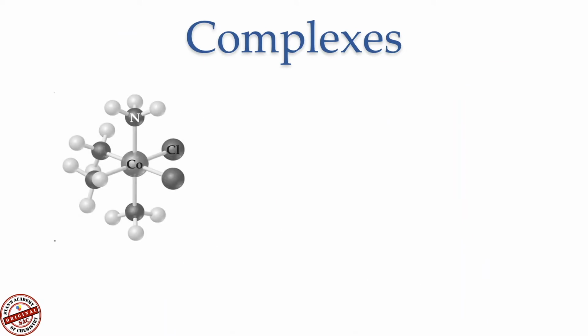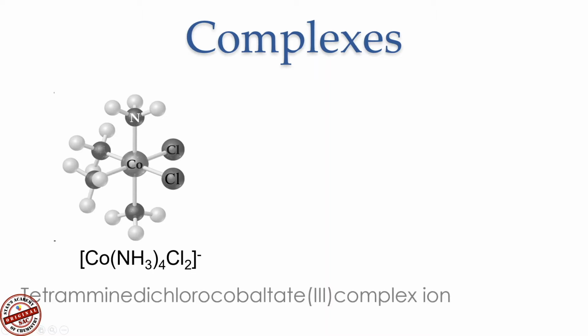Now, if you look at a complex, here is an example. We have cobalt as a central metal, bonded to a few ligands. The 2 different ligands here are ammonia and chlorine. The formula of the compound is Co(NH3)4Cl2, and this is how you can name it. We will be looking at the names later. This is called tetraamminedichlorocobaltate(III) complex ion.